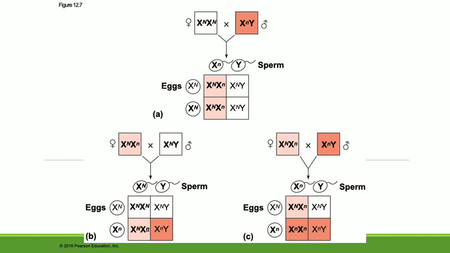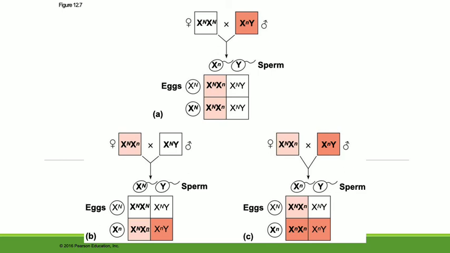None of the offspring would have that phenotype. None of them would have that disease. So this female and this male would not produce any offspring with hemophilia. There's a 0% chance.